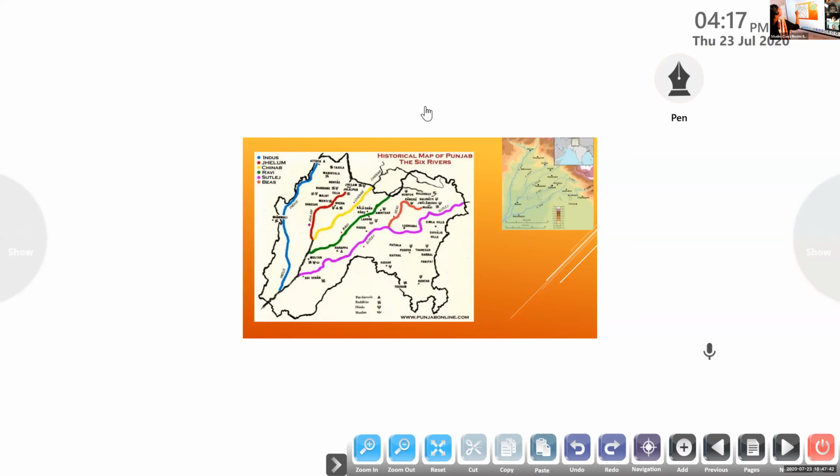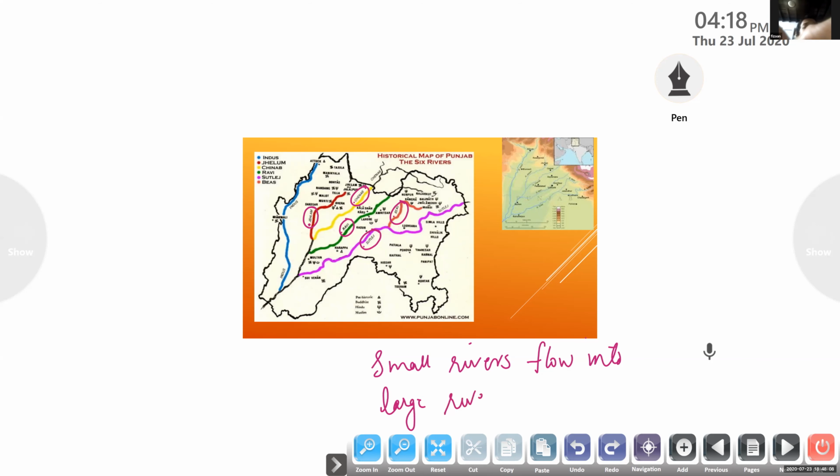These are the 5 tributaries of the river Indus. What is a tributary? Small rivers that flow into a large river are called tributaries, right?